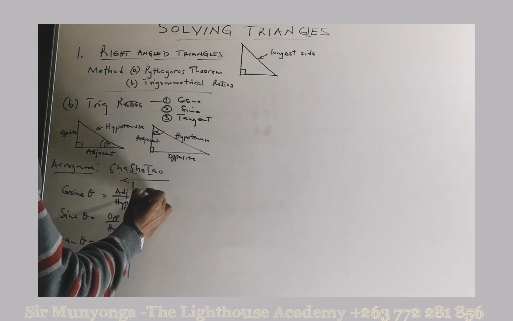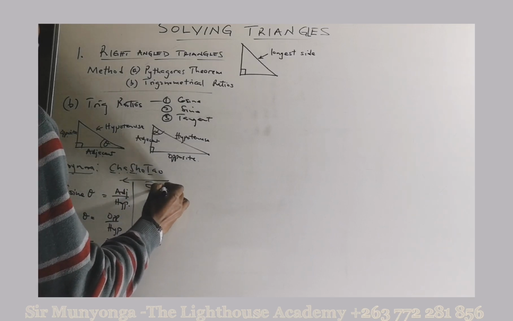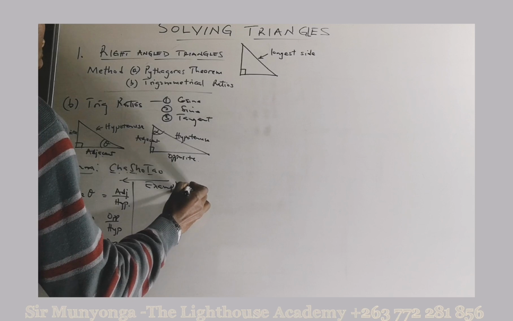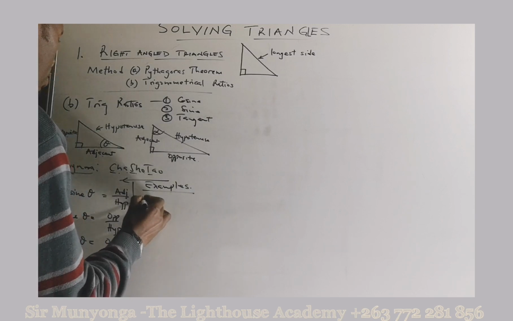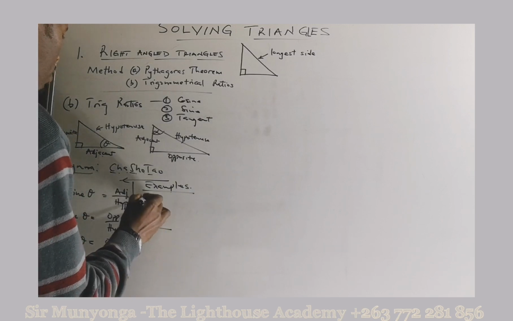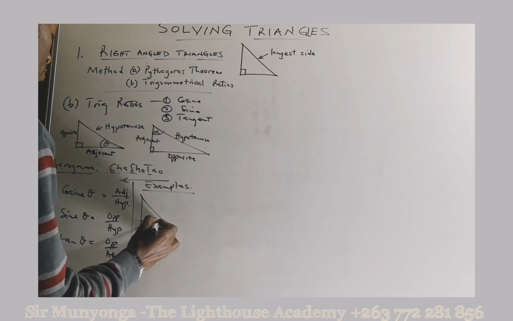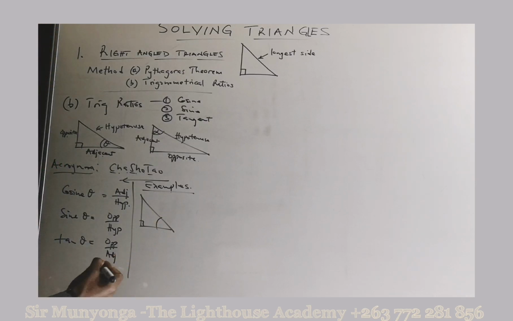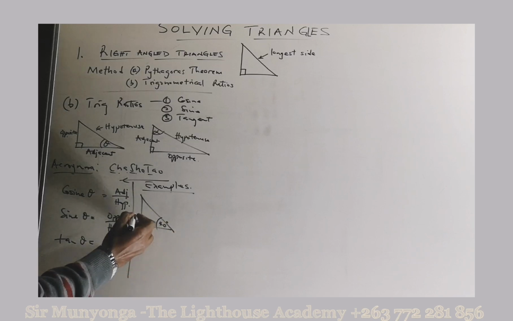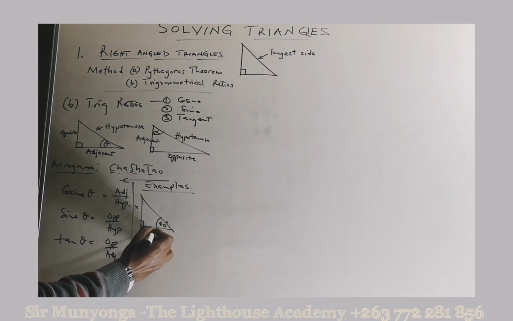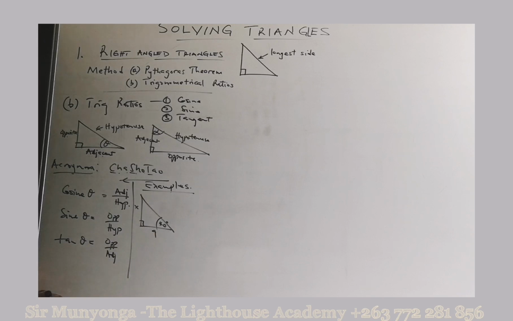So let's apply the trig ratios in solving a given problem. Say you're given a right angle triangle, and this angle is 40 degrees, the opposite side is not known, and the adjacent side is given as 9. How do you determine which trig ratio to make use of?